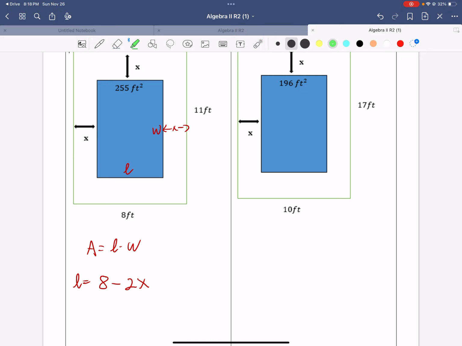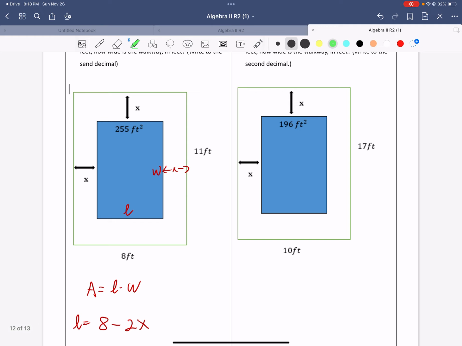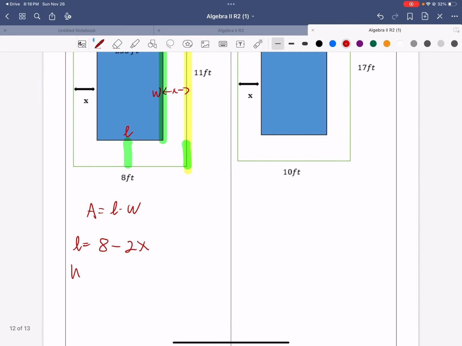Same thing for here. This is the width, which means 11 minus here to here, 11 minus x and x, 2x, is going to be the same thing as W.